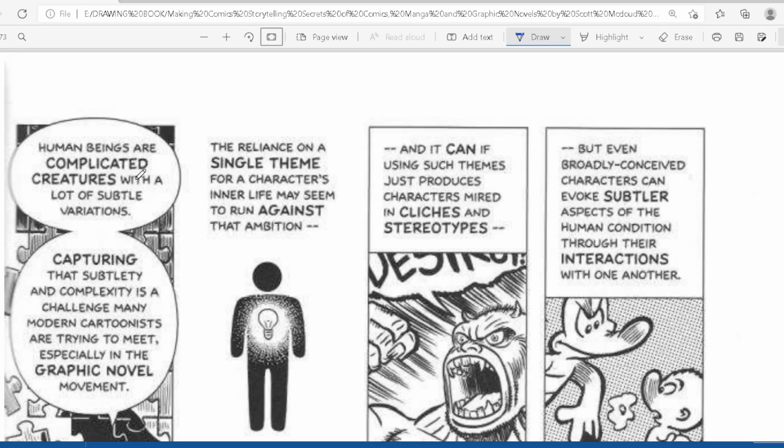So the author is saying human beings are complicated creatures with a lot of subtle variation. So let me tell you, I don't think so. I accept it is quite a bit difficult to understand the human being, but it is possible, you know.